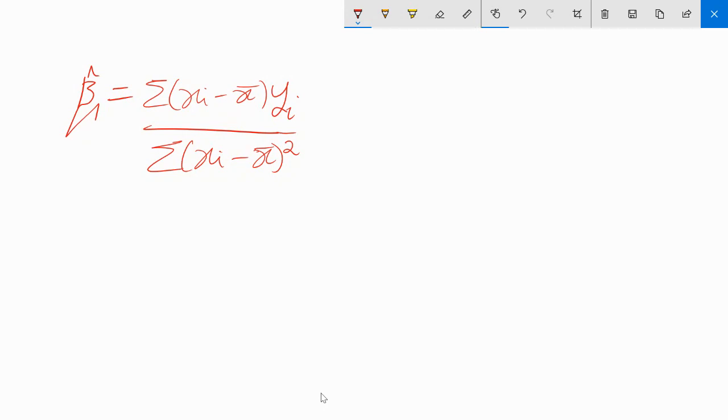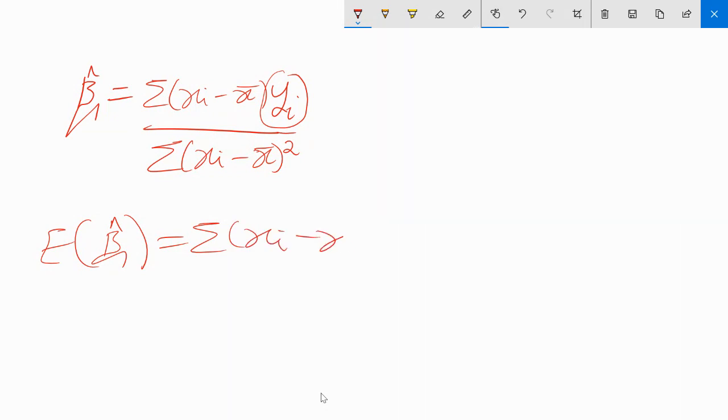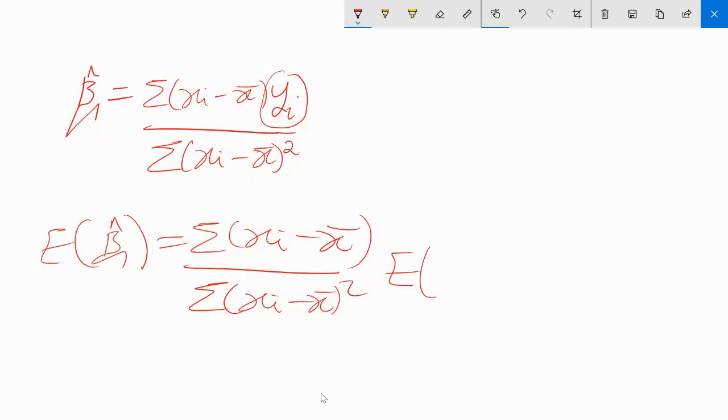So this is not a constant because it has the response variable. So when we find the expected value of beta 1 hat, we treat these other things as constants, but we have our response variable yi.